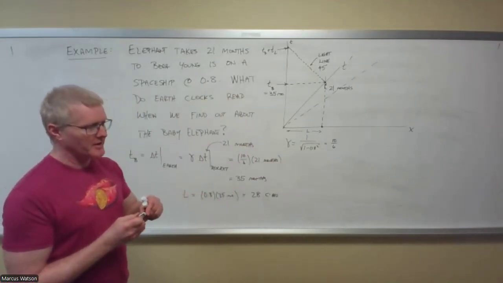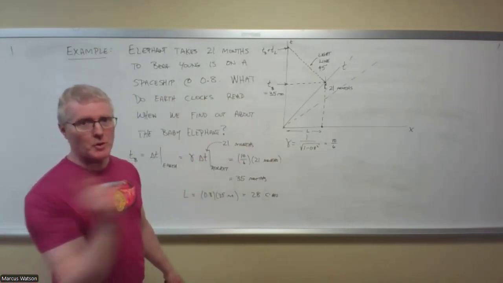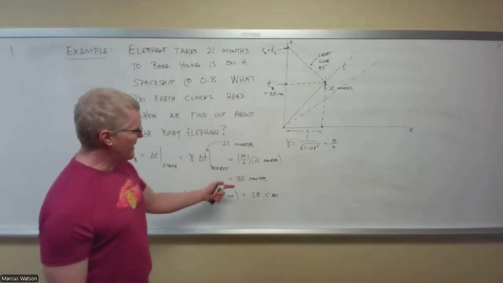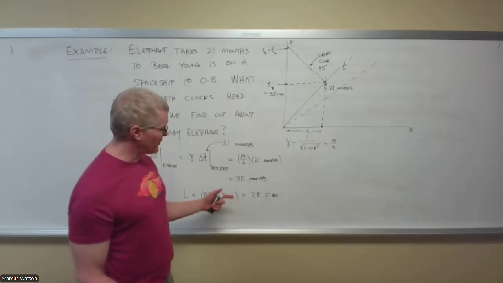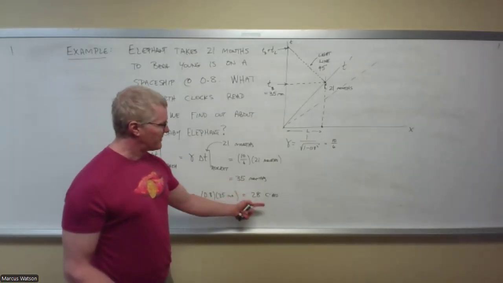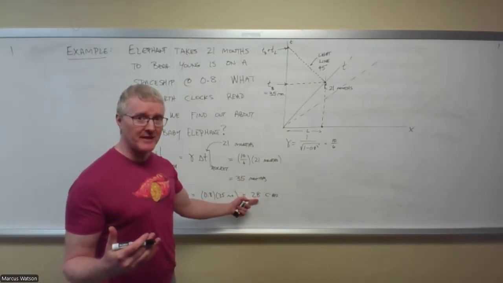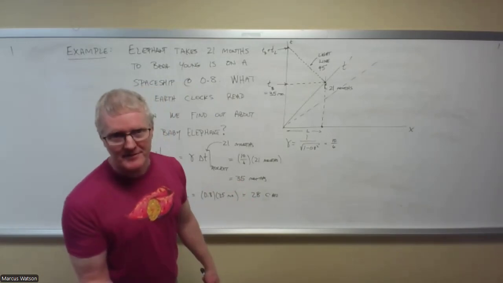In other words, they are as far away as it would have taken light 28 months to travel. They, however, traveled 35 months in order to get that distance. Therefore, we take the 35 months, we say, how much time does it take a light signal to get from 28 light months away? Well, it takes 28 months.